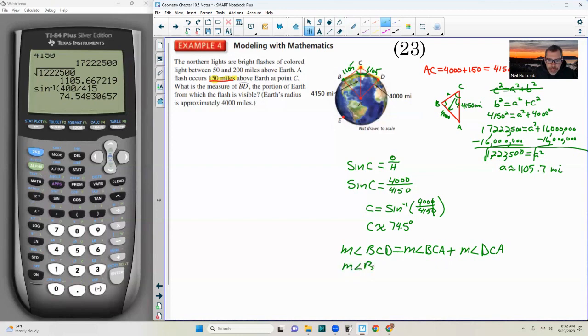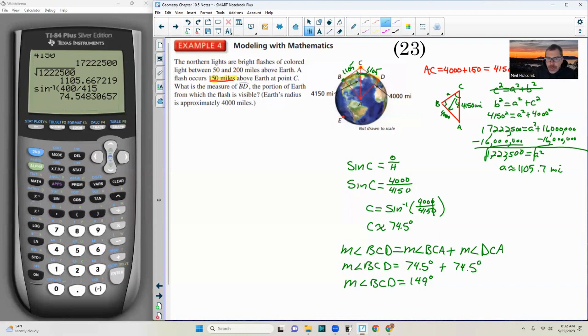So the measure of angle BCD equals 74.5 degrees plus 74.5 degrees. They're congruent because corresponding parts of congruent triangles are congruent. And the measure of angle BCD therefore equals 149 degrees. Okay, so now I know the measure of BCD, that's this. That is an exterior angle.